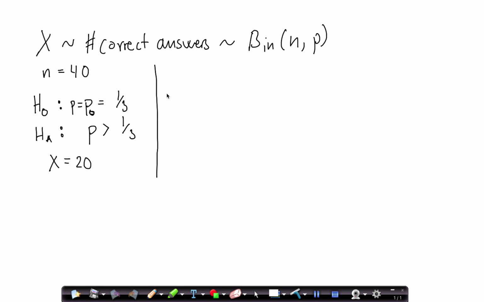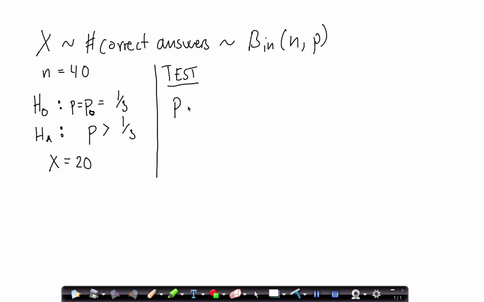Now we observe x equal to 20, and we wish to calculate whether there is any support from the data for this hypothesis. 20 is a little bit more than 1/3 of what we would expect if they were only guessing. If they were guessing, we would expect that around 13 to 14 of the judges would answer correctly. So 20 is a little more. But we would like to know if this little more is due to chance or whether they are actually capable of tasting differences.